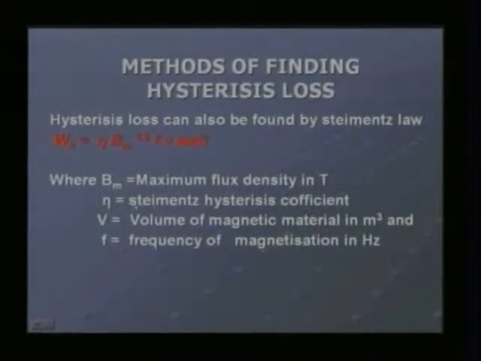Eta is called Steinmetz's hysteresis coefficient, which depends upon the value of magnetic material. V is the volume of magnetic material in meter cube, and F is the frequency of reversal of magnetization in Hertz.